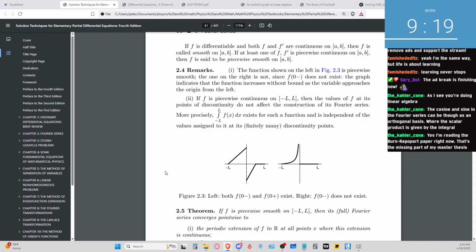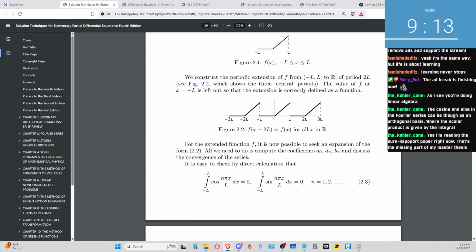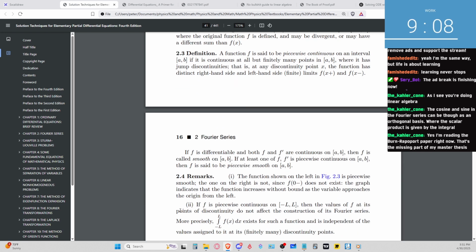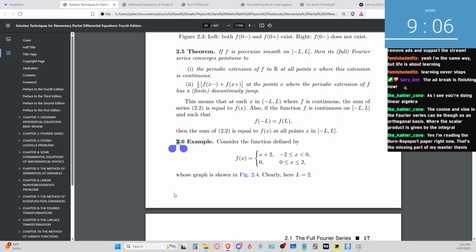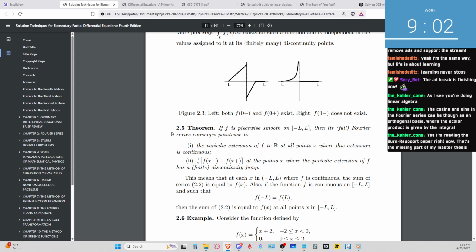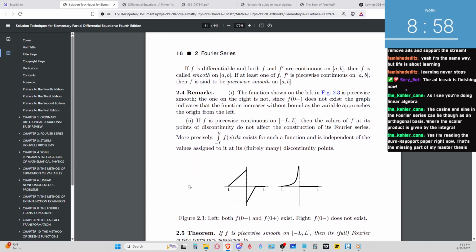Let's see. Figure 2.3. Where is that? Here we go. Figure 2.3. Oh, it's underneath. Okay.